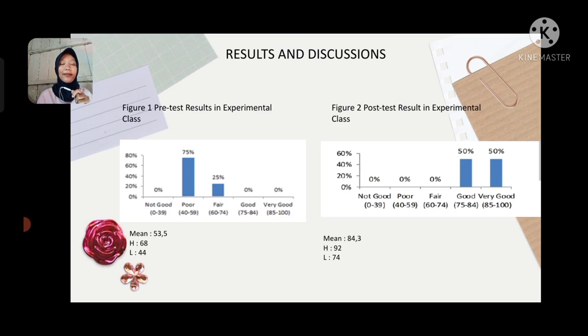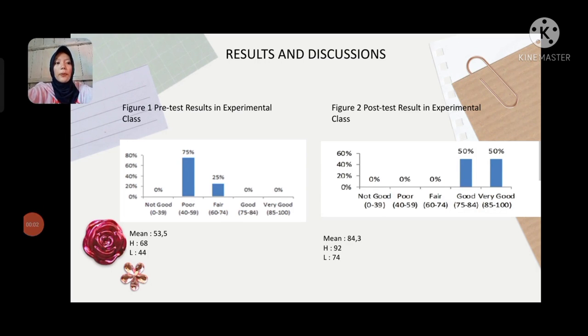As you can see, most of the students in this class are still on the poor or low level, with the average score of 53.5, the high score 68, and the lowest 44. This is caused by the students in this class not being able to explain the meaning of speech text.